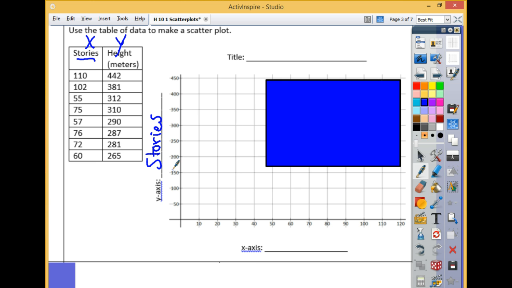All right, what are we going to label our x-axis, the horizontal axis? Is this what you want? I'm doing what you're telling me. Does that match? No. What did happen? X, our stories, X, oh, whoops. See, they have to match your data, your graph that's given to you, okay?